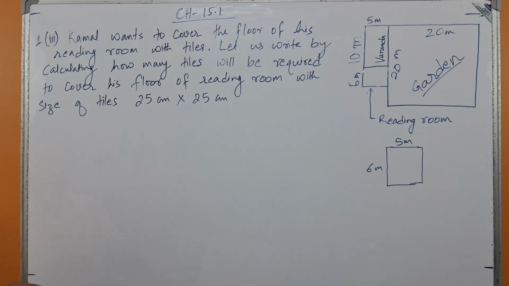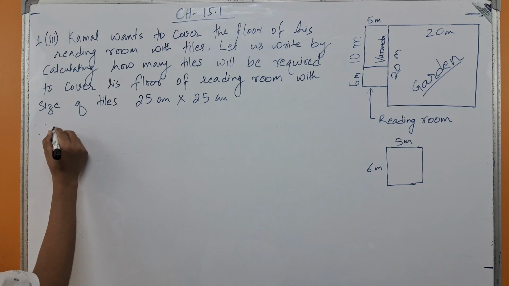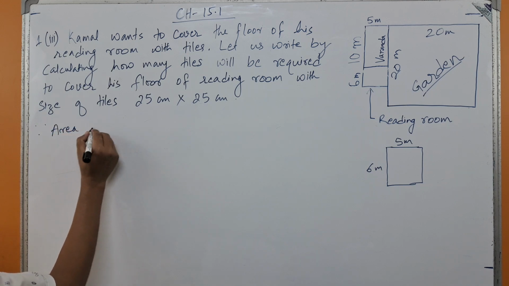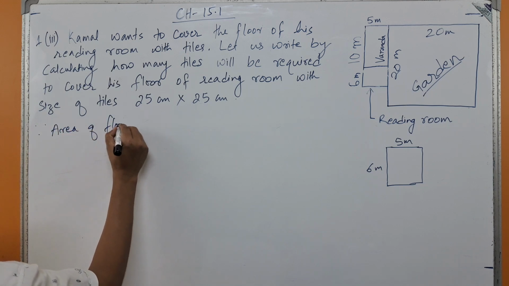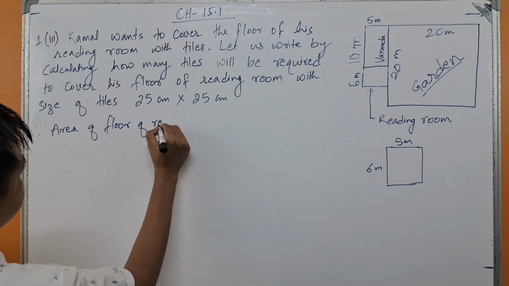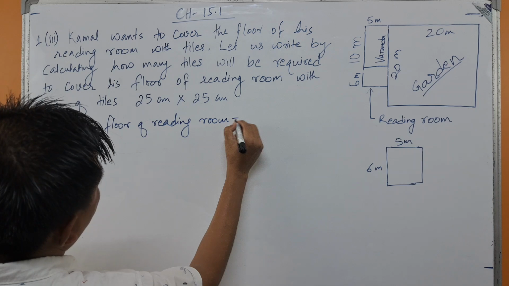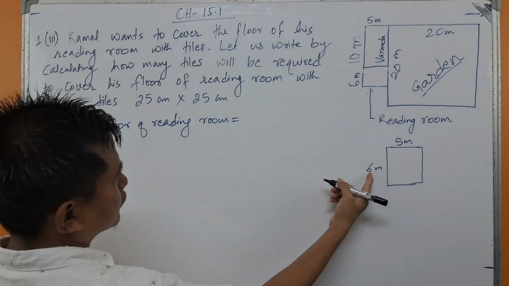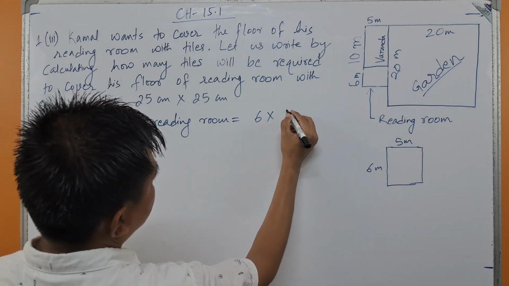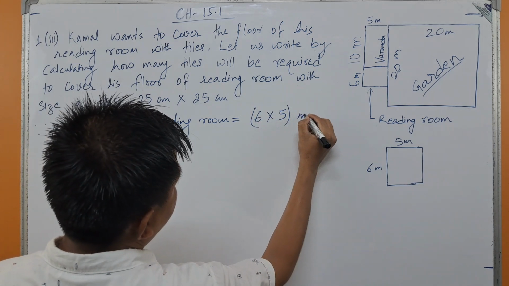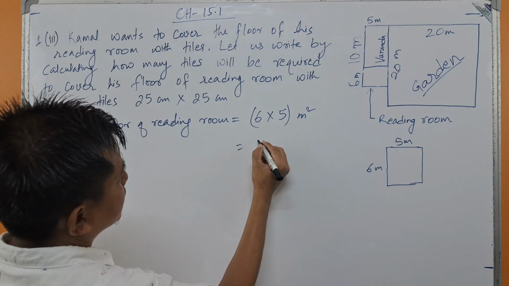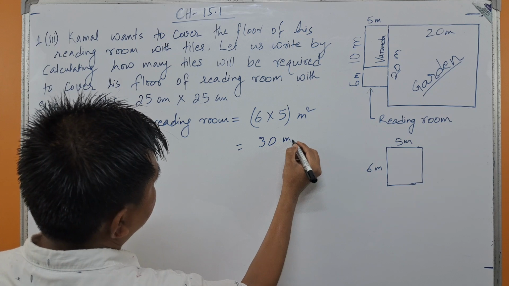Now let us first find the area of the reading room. Since area of floor of reading room equal to length into breadth, so length is 6 into breadth is 5 meter square. 6 5s are 30 meter square, isn't it?